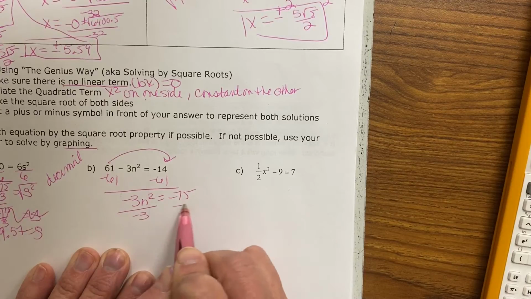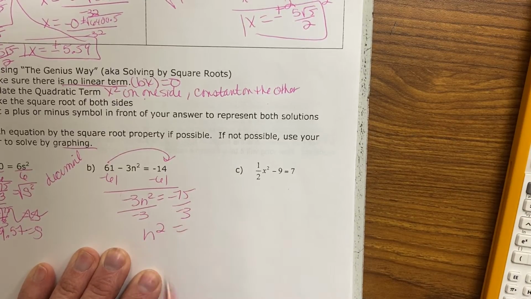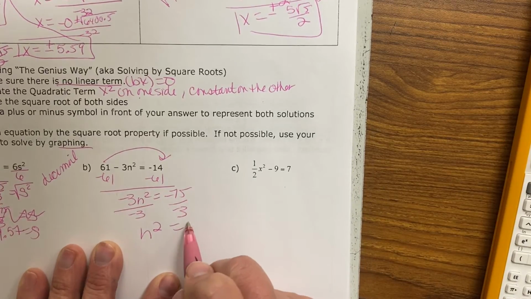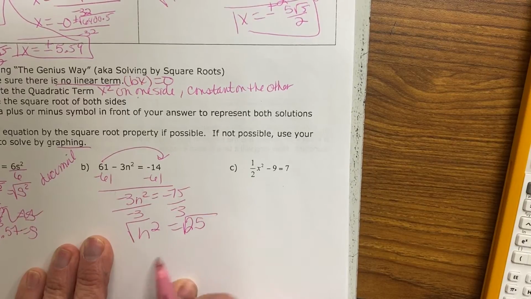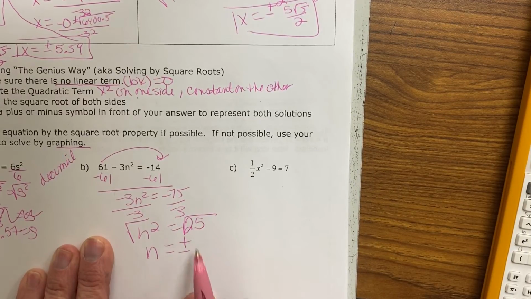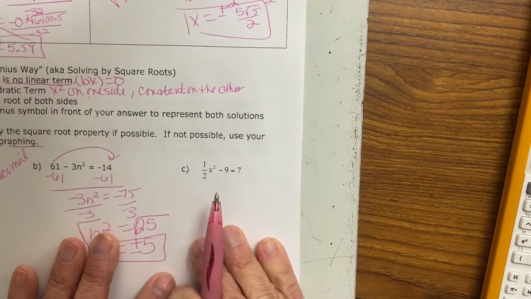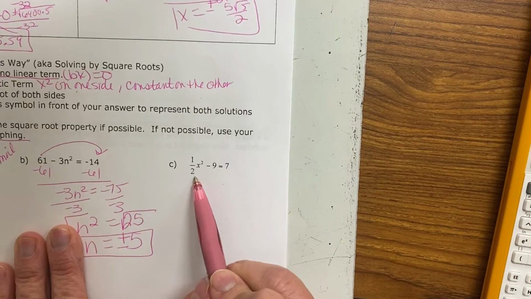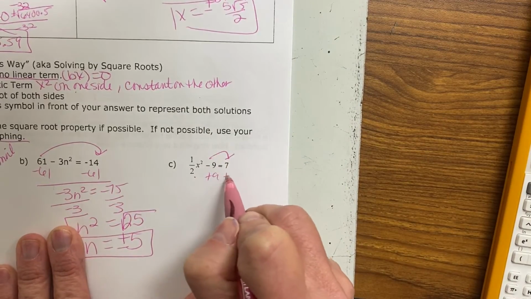Divide by negative 3, and so we'll have n squared is equal to 75 divided by 3, which is 25. We'll take the square root of both sides, and then n is equal to, we put a plus or minus, and the square root of 25 is 5.